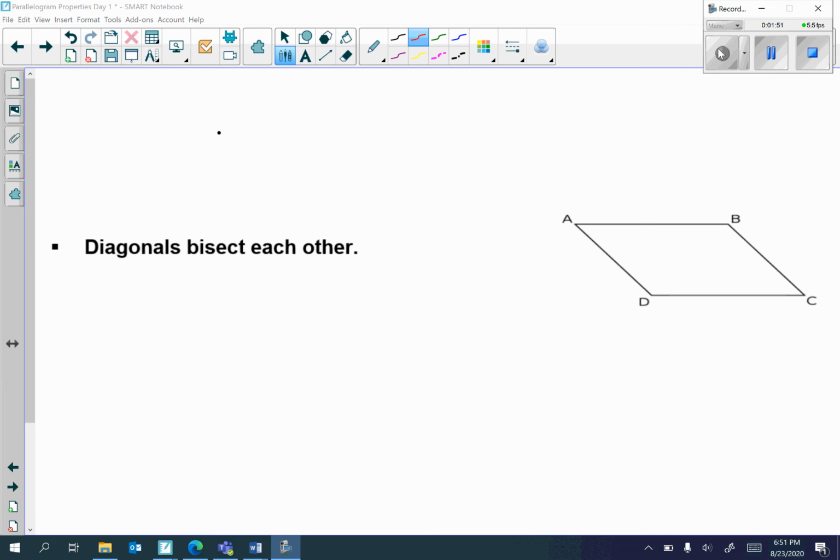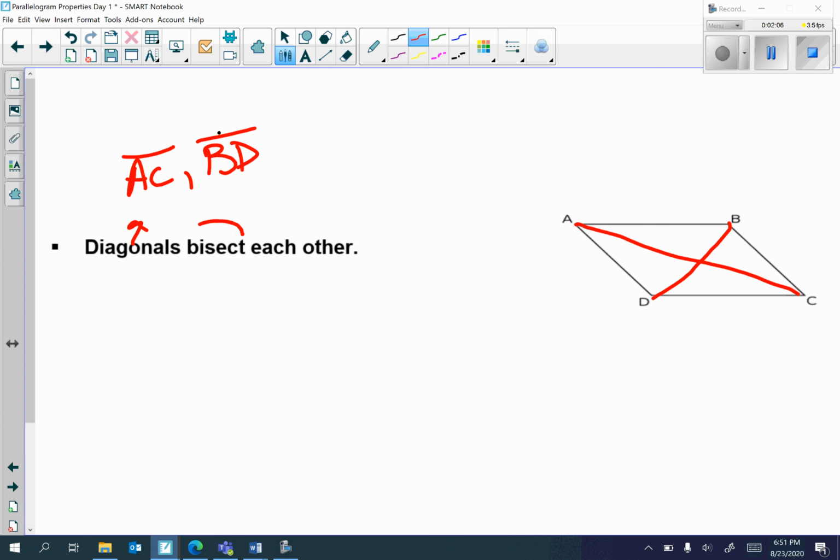Next, we have diagonals bisect each other. First, let's identify diagonals. So diagonal AC and BD. And remember the vocabulary word bisect, that means it creates two congruent parts.